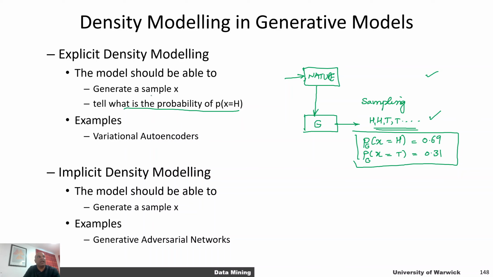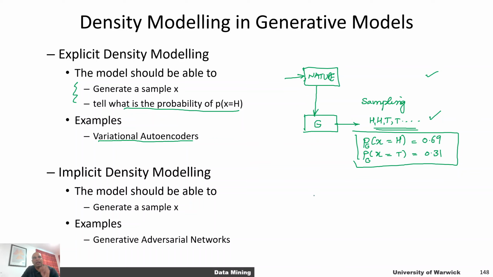If your machine learning model can tell you that, we call it an explicit density estimator. There are examples such as variational autoencoders that we haven't covered in detail, but they are able to do this. So if you ever come up with a problem where you want to generate data as well as give explicit probability estimates of a certain sample, this is what you should be looking at.